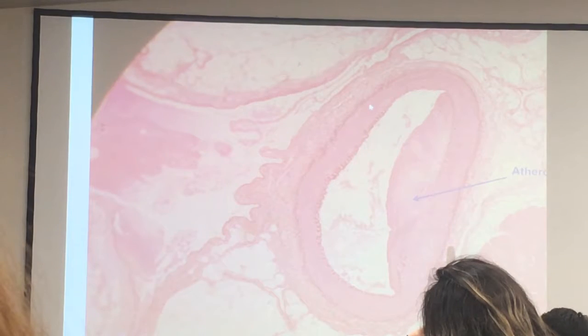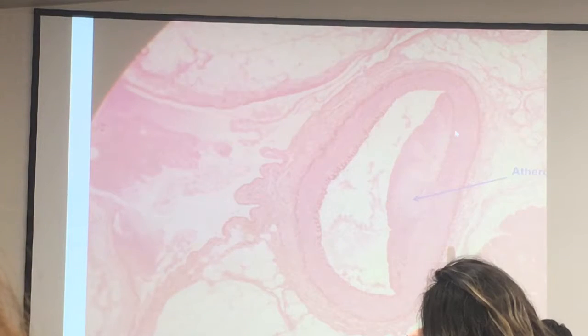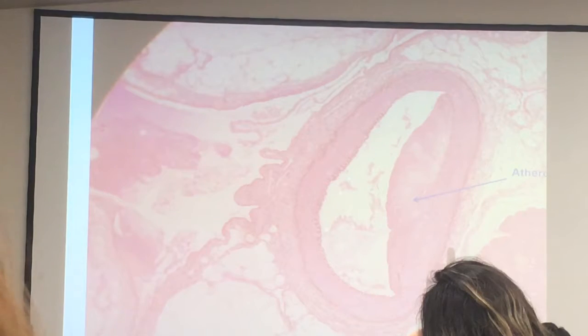Outside is the external elastic membrane, and then the outer layer, the tunica externa. So from the outside, 1 zone, 2 zone, 3 zone. But this one is very special. There is damage to the endothelium cells, and then the diameter is reduced. We will talk about this later.